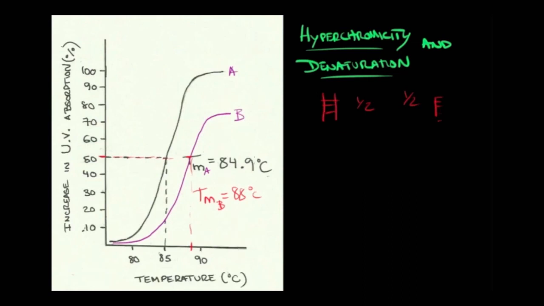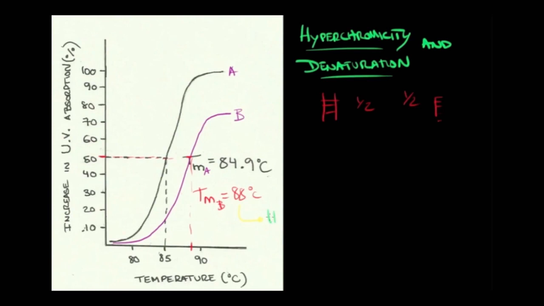Okay, so when I say this, I can tell you that the temperature needed to reach the melting temperature of the DNA molecule B is higher than for A, meaning that this molecule here is, I'm going to use another color because it's hard to see.